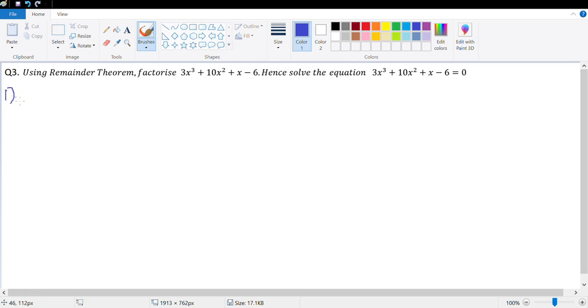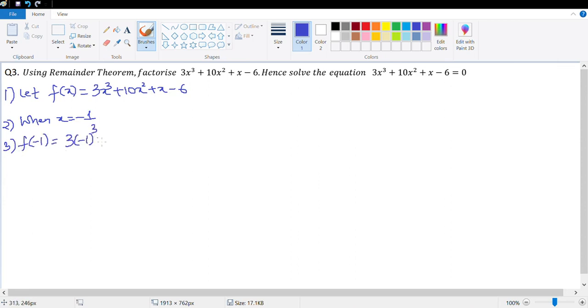Let f(x) be equal to 3x cubed plus 10x squared plus x minus 6. By hit and trial method, let's take the value of x equal to negative 1. So f of negative 1 would be equal to 3 times negative 1 cubed plus 10 times negative 1 squared minus 1 minus 6.